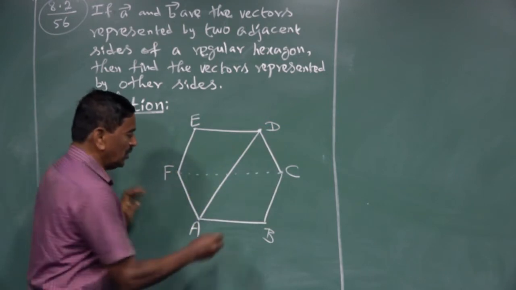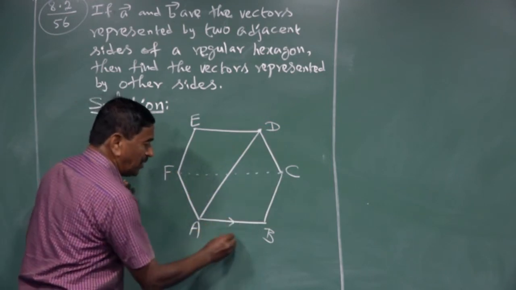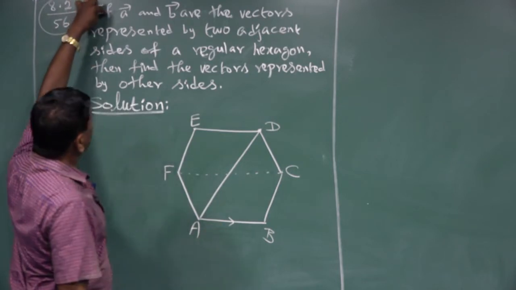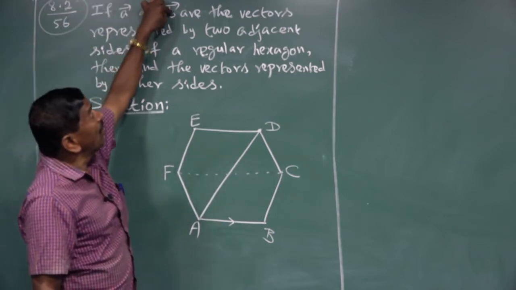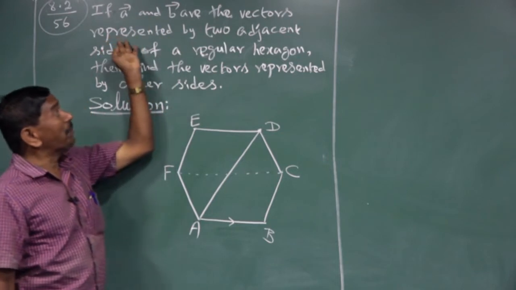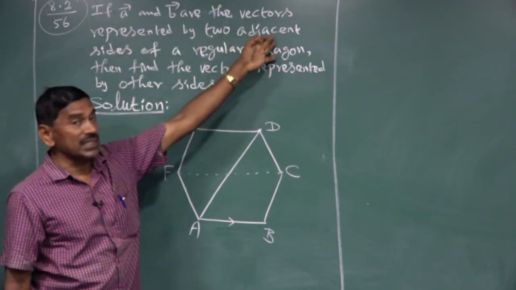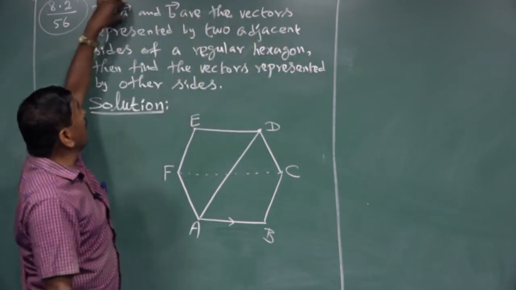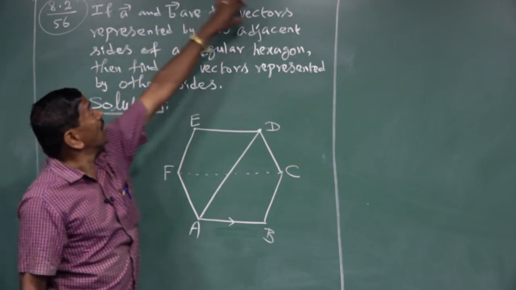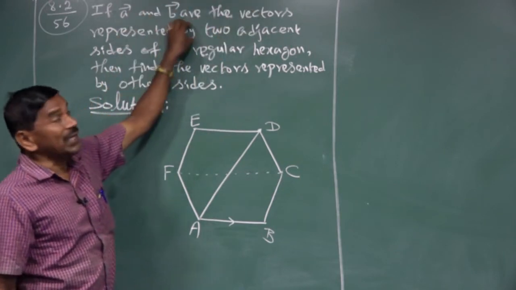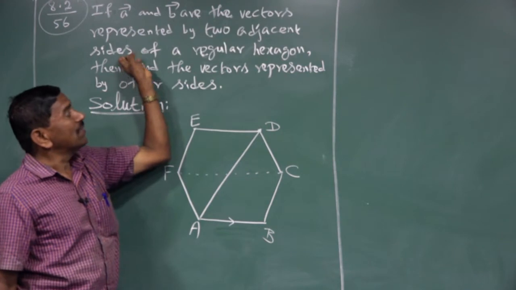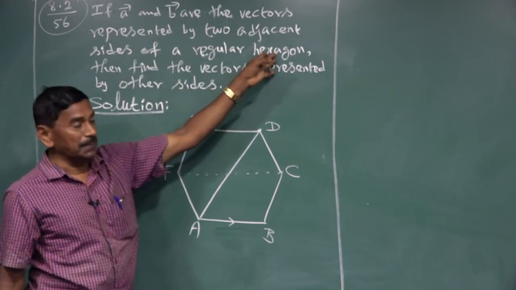Now, it is given that vector A and vector B are the vectors represented by two adjacent sides of a regular hexagon.